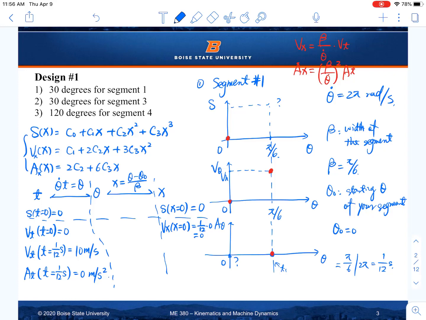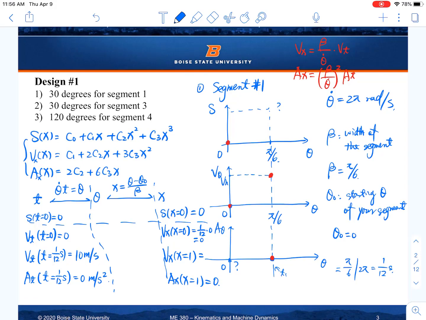If your velocity and acceleration there is 0, that means you can dump this 0 between different domains directly without that relationship. So again, your Ax at x equal to 1 is going to be 0. Then your Vx at x equal to 1, because when time equals 1/12 seconds, that's the other side of the segment, so that corresponds to x equal to 1.